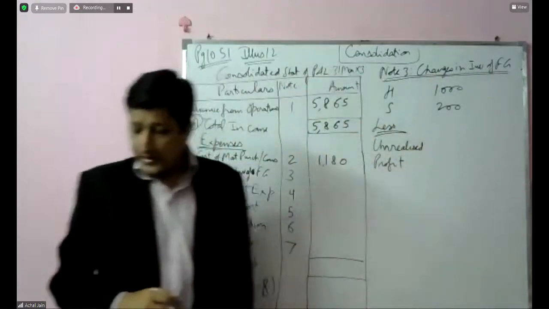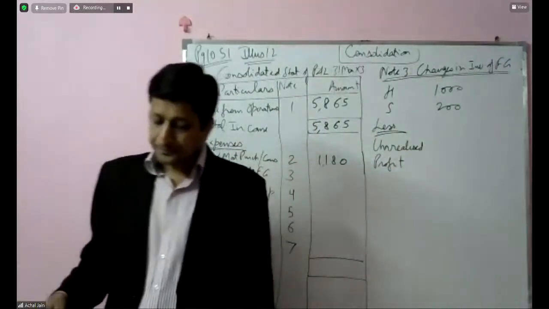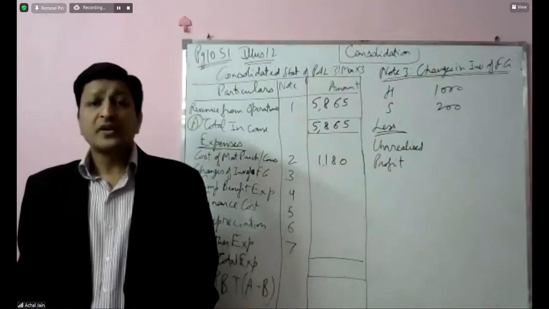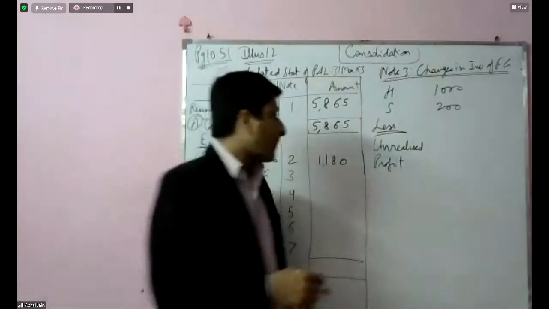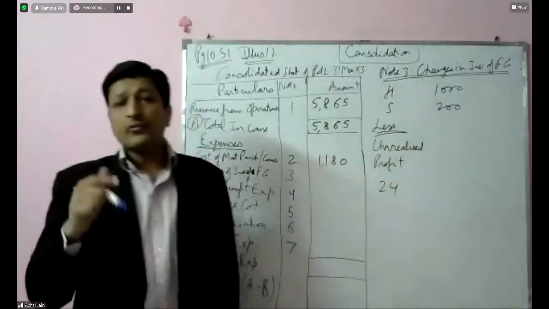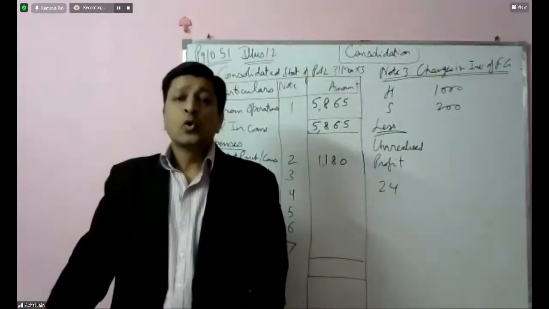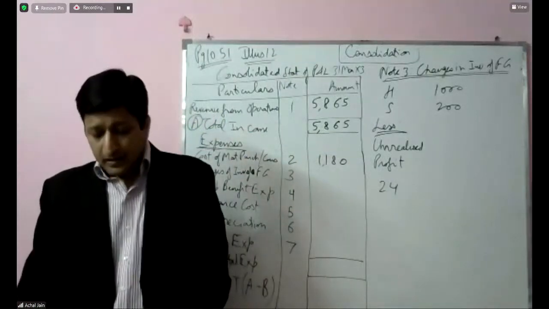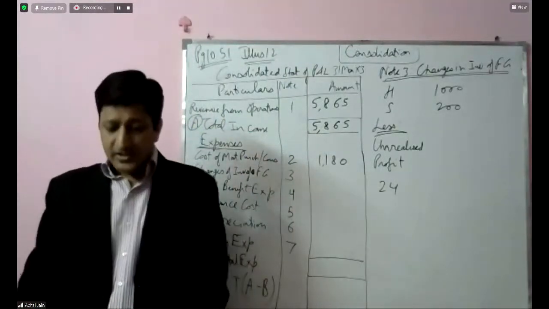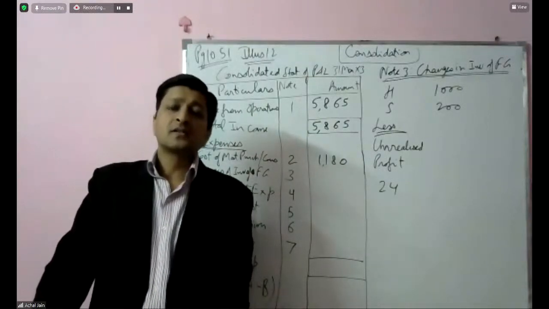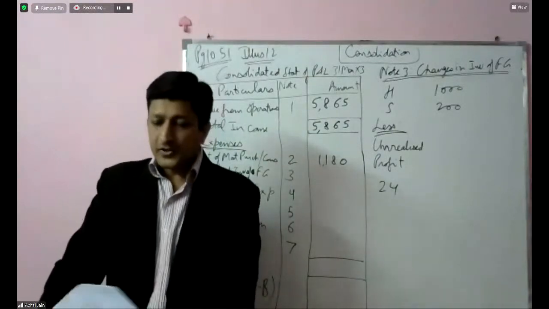So what is the amount of unrealized profit? Goods worth 24 lakhs. So inventory worth 24 lakhs is outstanding, on which unrealized profit exists. And if you look at the information, it says goods were sold at cost plus 20%.